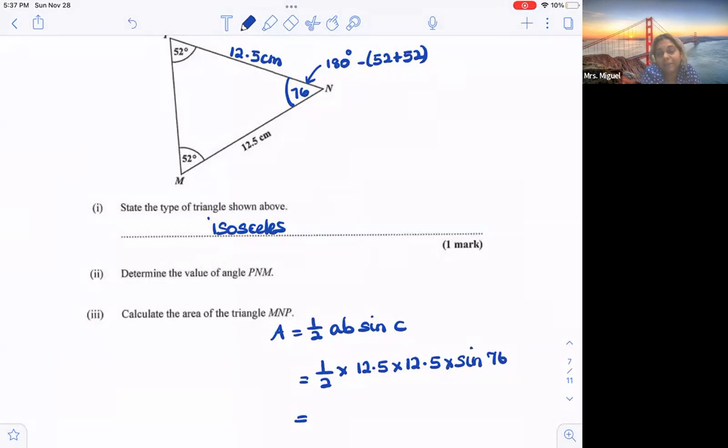You all try, please, and let me know what you get. All right, what answer did you all get?